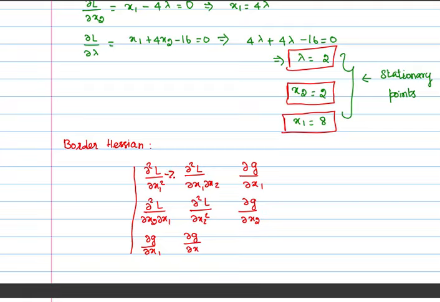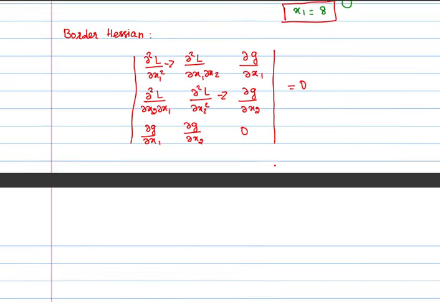Here minus z will come on the diagonal. This is equal to 0. If there were two constraints, then ∂g1/∂x1 and ∂g2/∂x1 would come. So this is the Hancock condition.